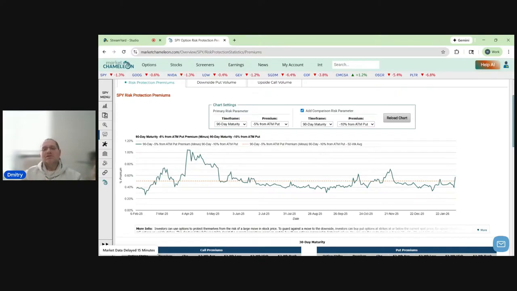Here I'm saying a 5% put spread, because the strikes are still 5% apart, 5% and 10%, but the high strike starts at 5%. So this is an out of the money put spread, and you can see that right now it costs 0.8%, so close to the average of 0.51.